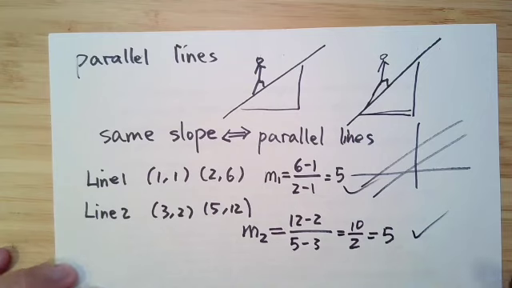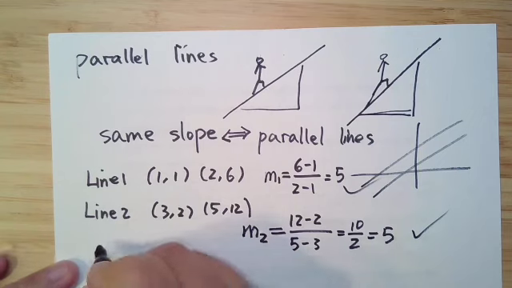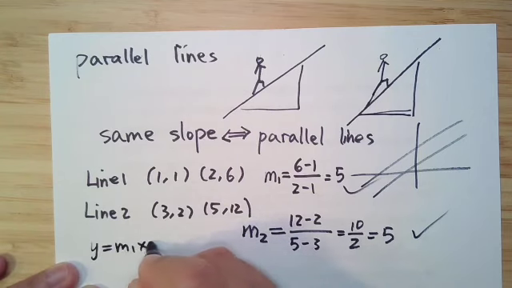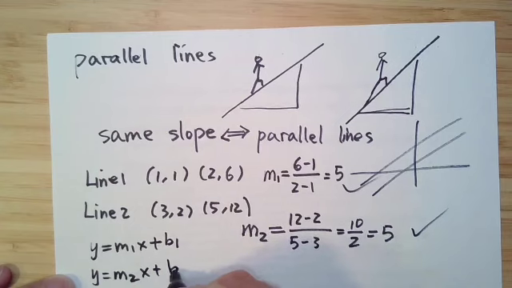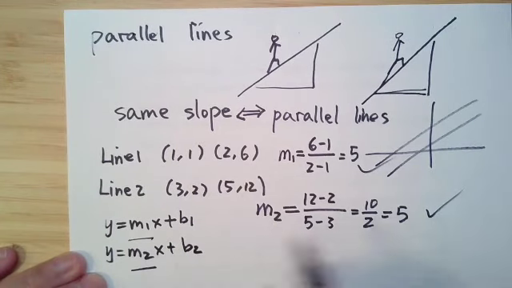So that's how you verify if two lines are parallel to each other. So if you write that into y equals m1x plus b1, and the other one is m2x plus b2, if these two slopes are the same, then we know they are parallel to each other.